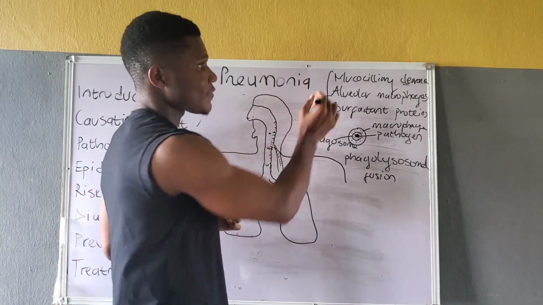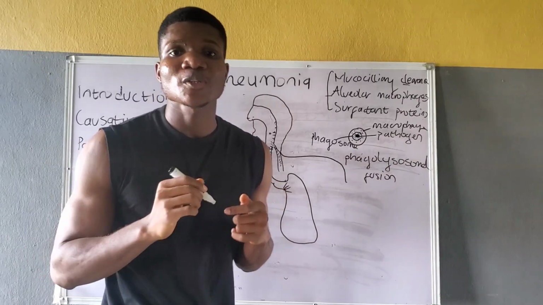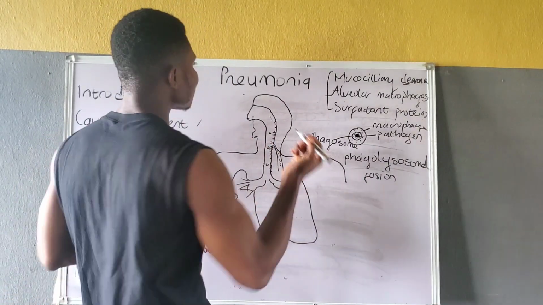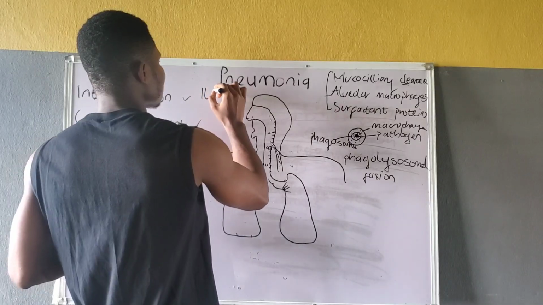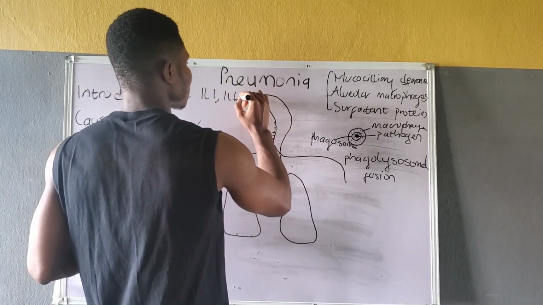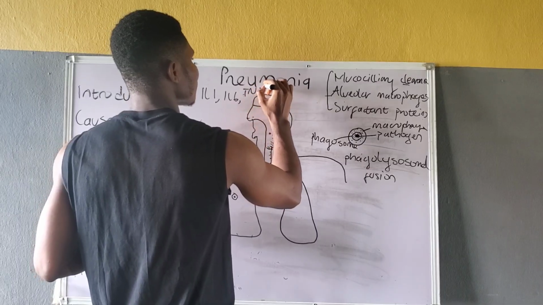When these pathogens have evaded this mechanism, the immune system does something very interesting. It causes the release of cytokines, especially interleukin 1, interleukin 6, as well as tumor necrosis factor alpha.